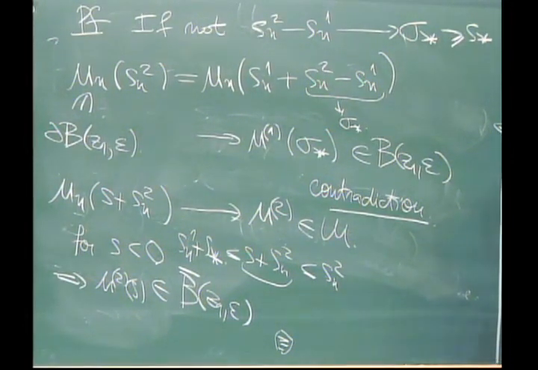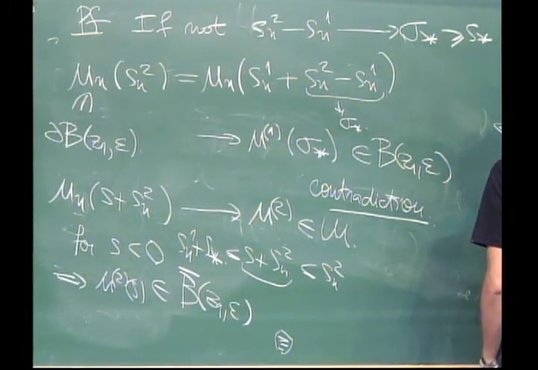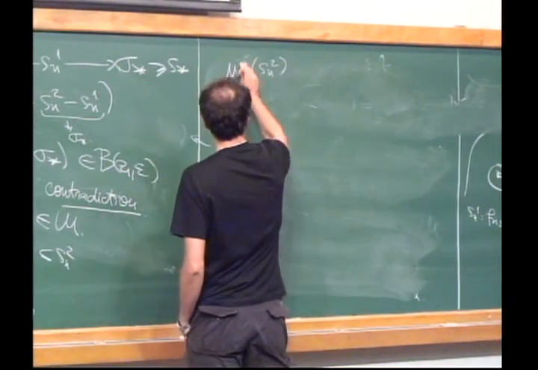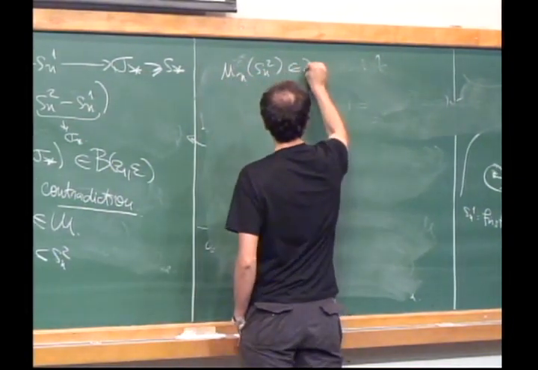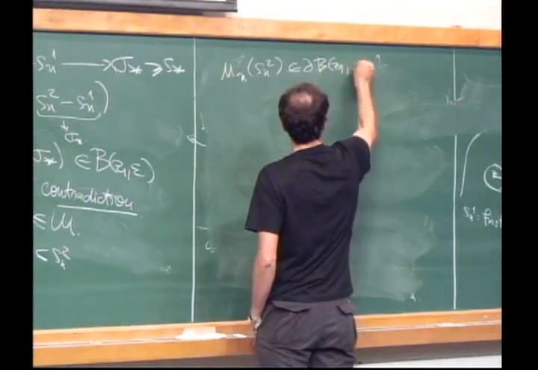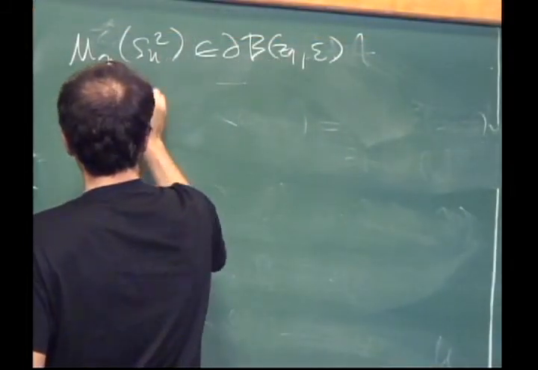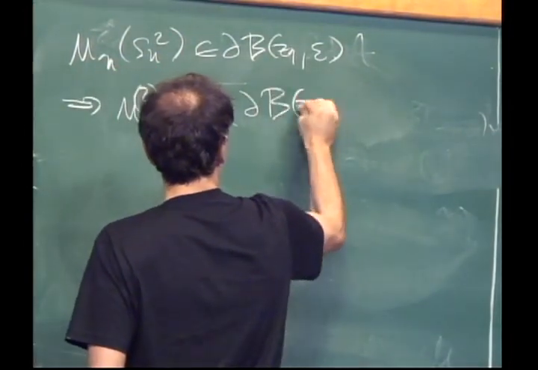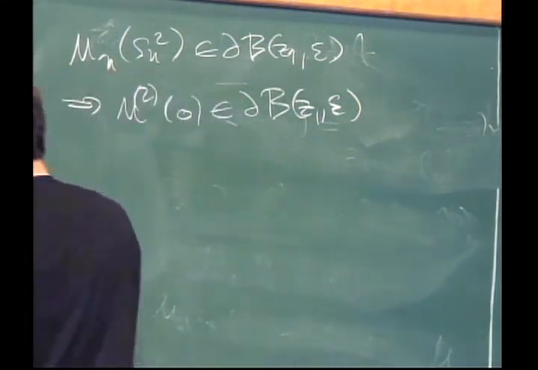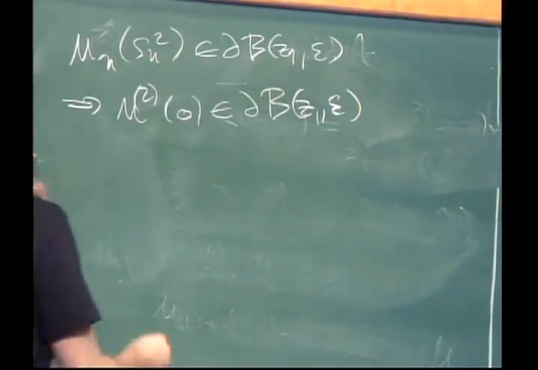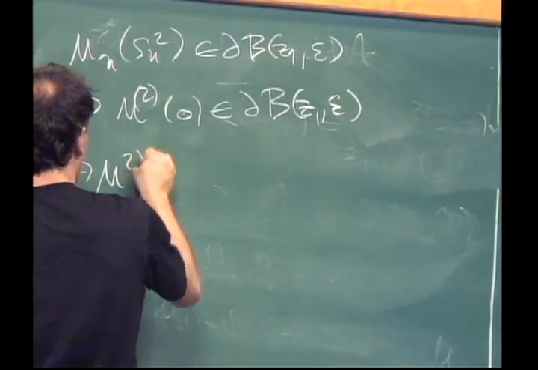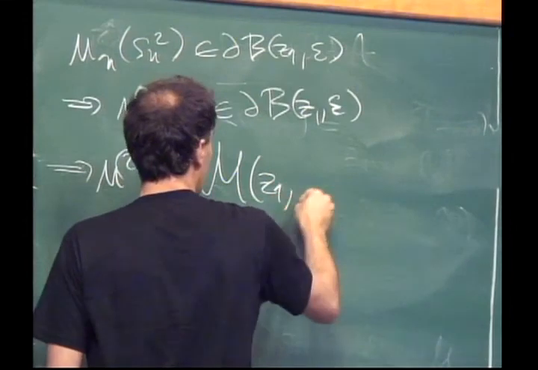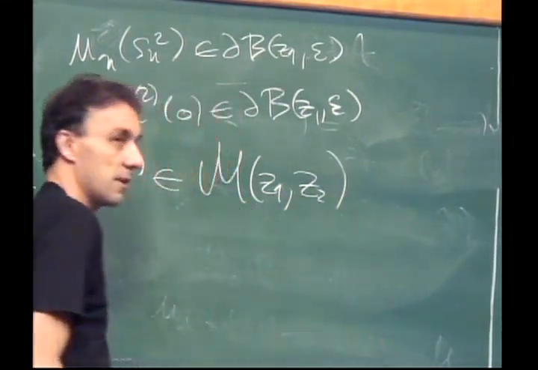And now U2 of Un of Sn2 is in the boundary. So therefore, U2 of 0 is in the boundary, which means again that these two conditions imply that U2 starts from Z1 and goes to another critical point Z2.